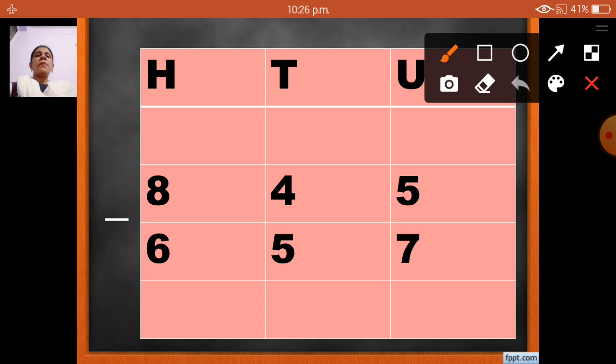Now 5 minus 7. 5 is a smaller number, 7 is a bigger number, so it cannot be subtracted. So we will cut this 5, we will make it as 15.